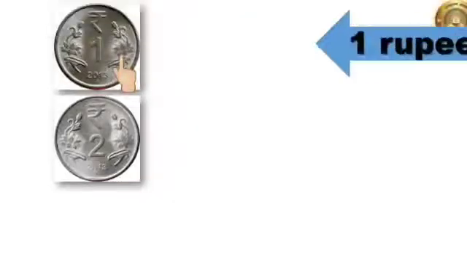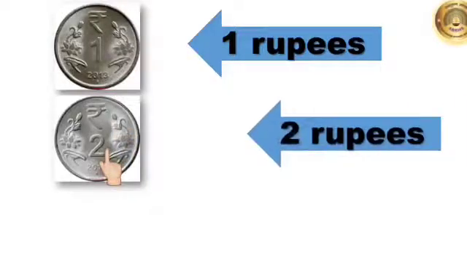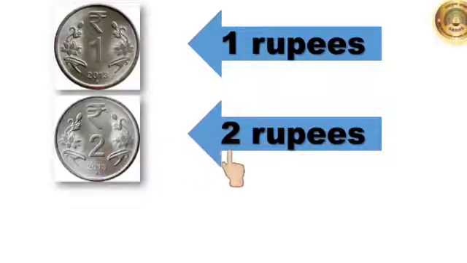This is a 1 rupee coin, and the value of this coin is 1 rupee, which is written on the coin only, and this is the symbol of Indian rupees. And this is a 2 rupees coin, and the value or the denomination of this coin is 2 rupees, which is also written on the coin.